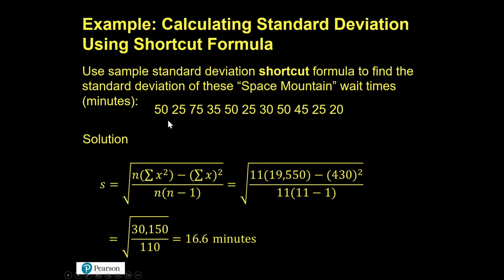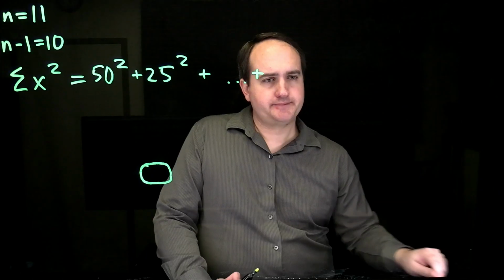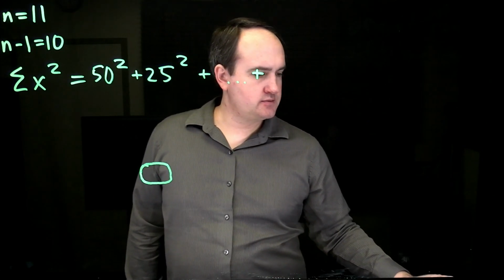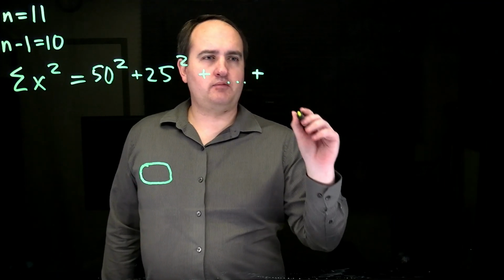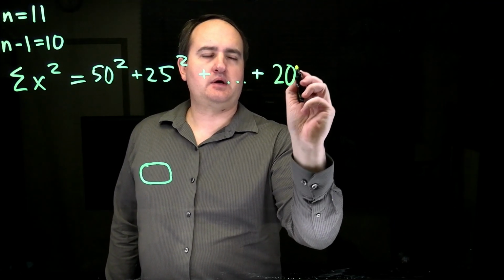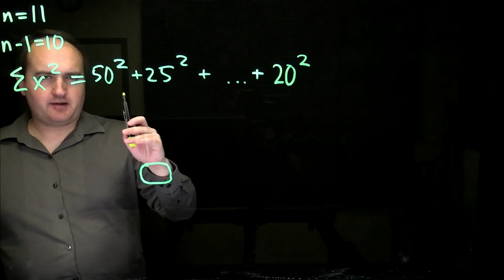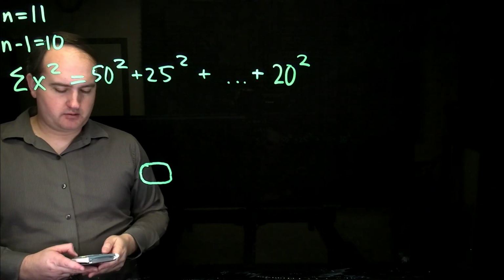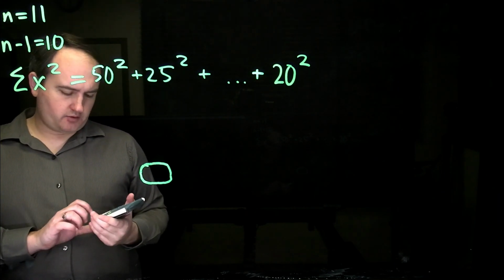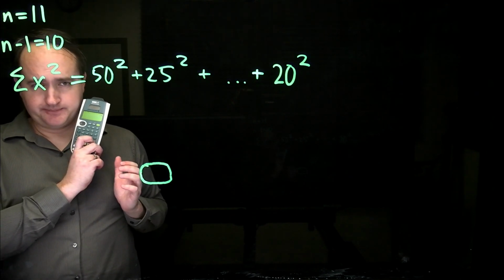So we're squaring each data value and we're adding them all up. Okay, so looking at these, 50 squared plus 25 squared plus 75 squared plus 35 squared plus 50 squared plus 25 squared plus 30 squared plus 50 squared plus 45 squared plus 25 squared plus 20 squared. Okay, so without writing them all down, I think we get the pattern. So if we type them into our calculator, depending on your calculator, hopefully it has a button that says x squared.